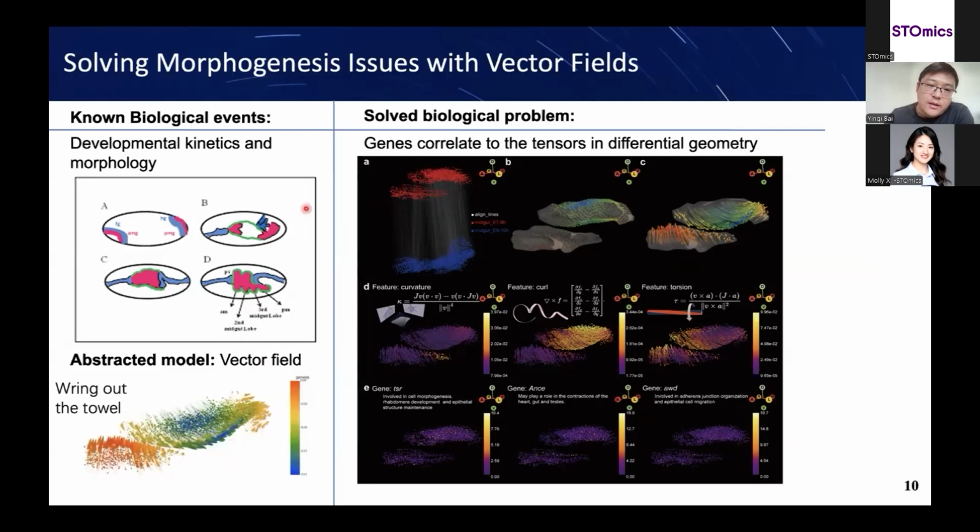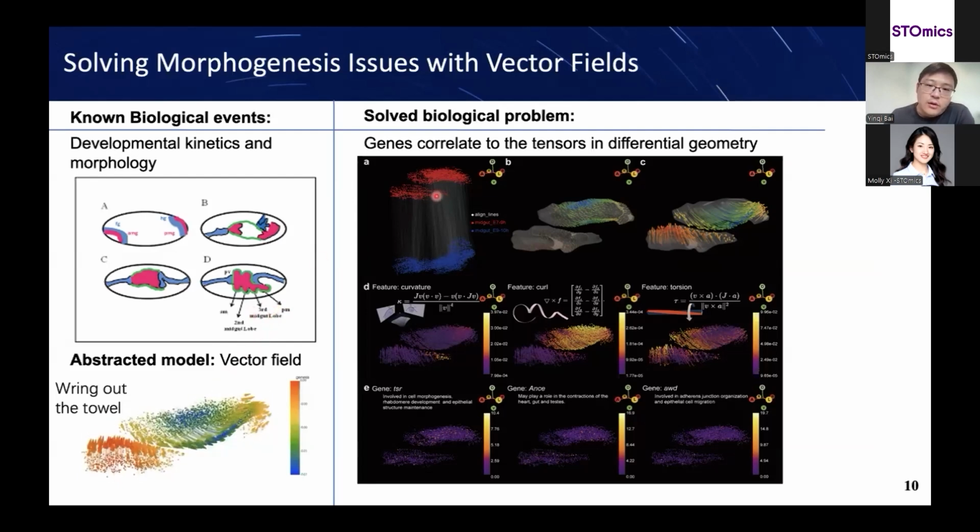We can see that not only did the cells fuse together, they also twisted. The twist is called torsion in differential geometry. It is like wringing out a towel to get such force in morphogenesis.